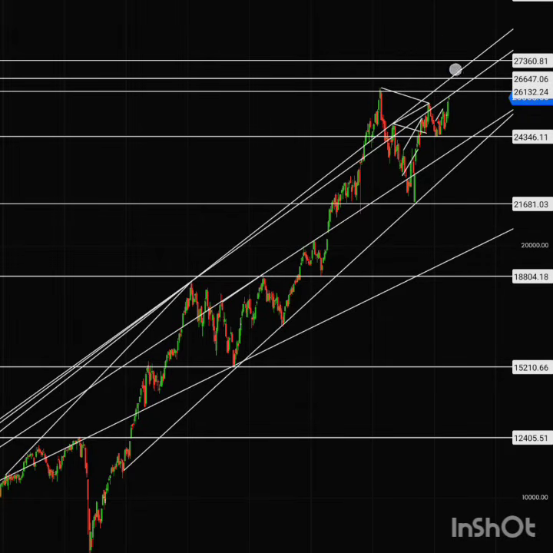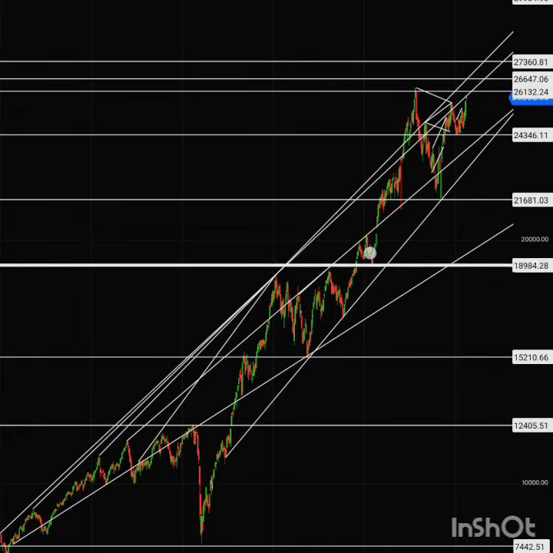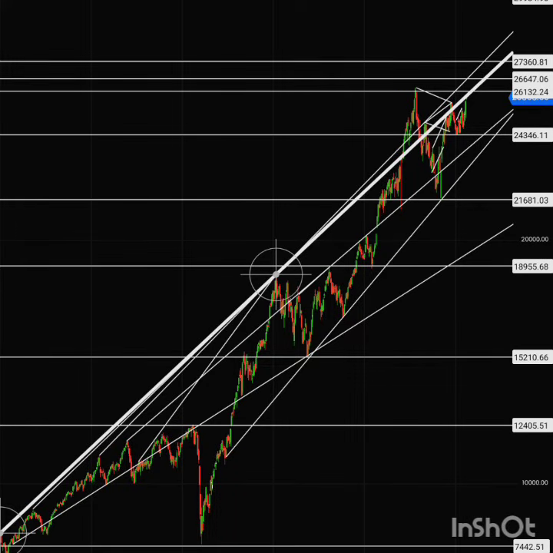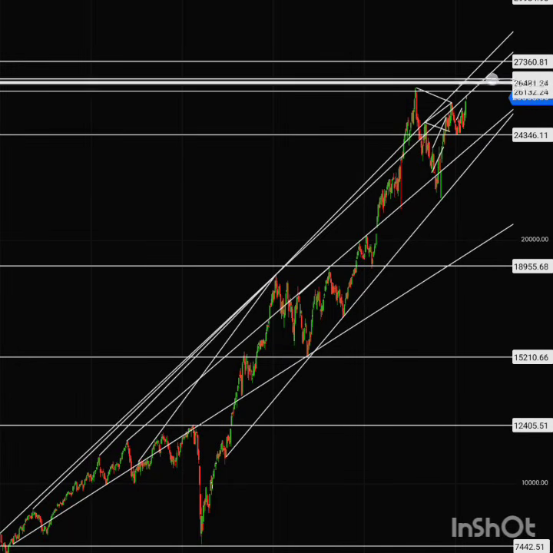So what could be the targets in the next coming days? After the breakout, it moved to the higher side towards this line, and the target was met here, and after the higher target, another high was made here.